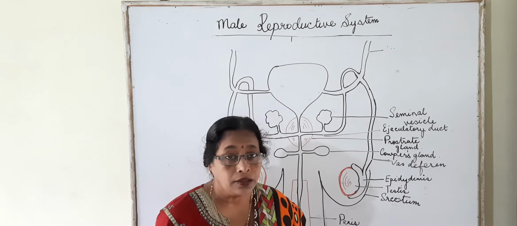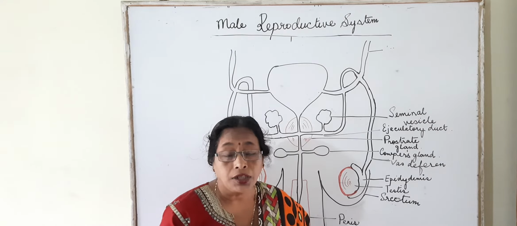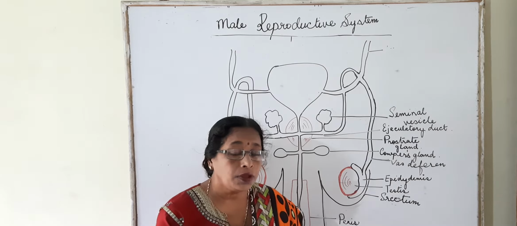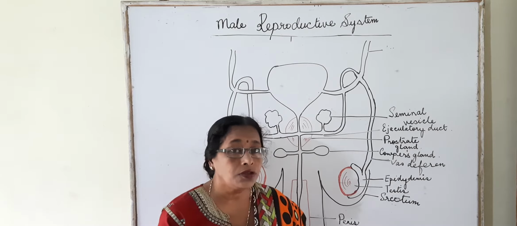That is, they attain motility. This means that the sperms attain motility in the epididymis. So, the epididymis also nourishes the sperms so that they attain motility. Now, from the epididymis, the sperms pass to the vas deferens.